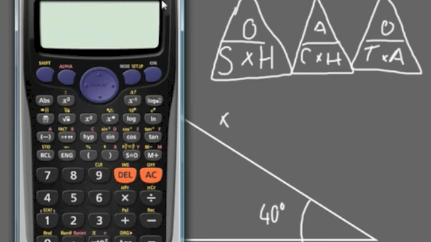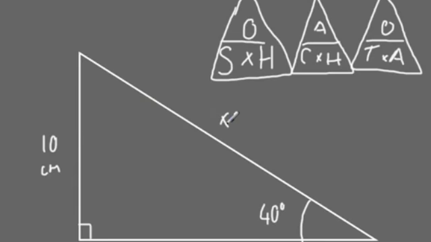Now, what if instead of that side, I wanted this side? So let's get a shot of that. What we've now got is the following scenario. We've got the opposite and the adjacent and the angle. So we've got the opposite, we want the adjacent. What we need to do to find that is put our finger over adjacent, and it's the opposite divided by the tan of 40.